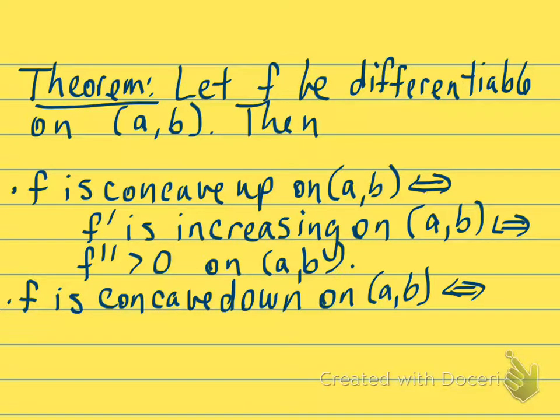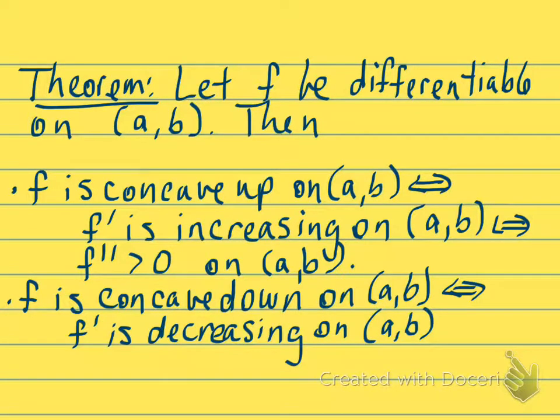And we can do the same thing for concave down. We'll say f is concave down on the interval a b if and only if, remember from the previous page we saw the slopes of tangent lines were decreasing. Well, that means f prime is decreasing on a b. And that's true if and only if the derivative of the derivative is negative. In other words, if and only if f double prime is less than 0 on the interval a b.